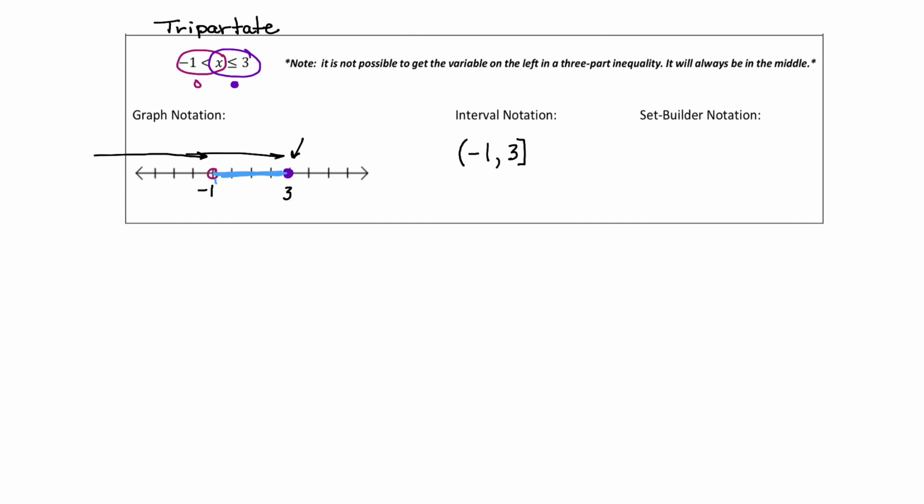Okay, so this represents open at -1, closed at 3, and everything in between. Set builder notation. We could have done this one first. Okay, it's using the variable x, and you just write the entire tripartite because that's your answer. And you're done.